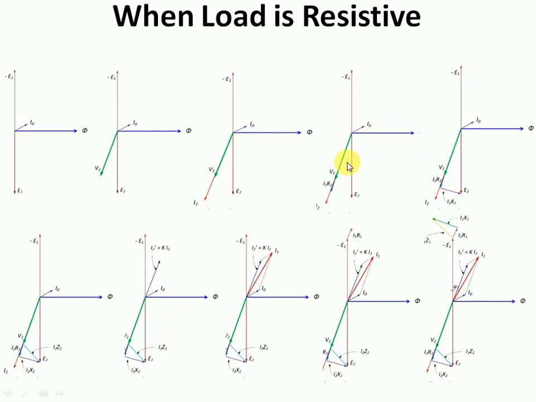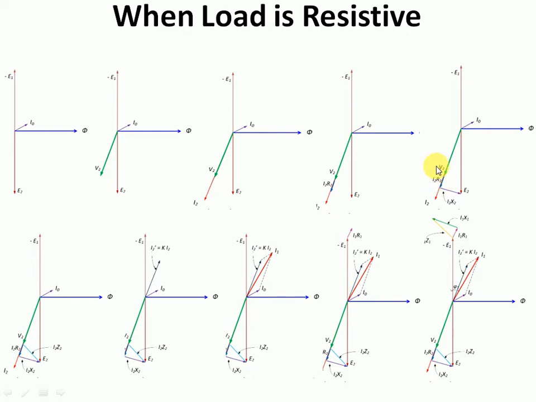If you look here, at the tip of V2 we are adding I2 R2, which is shown as a blue line here. This is step 4. In step 5 we have to add I2 X2 to V2 and I2 R2. Already we have obtained V2, then this is I2 R2. So this line from here till here indicates V2 plus I2 R2.